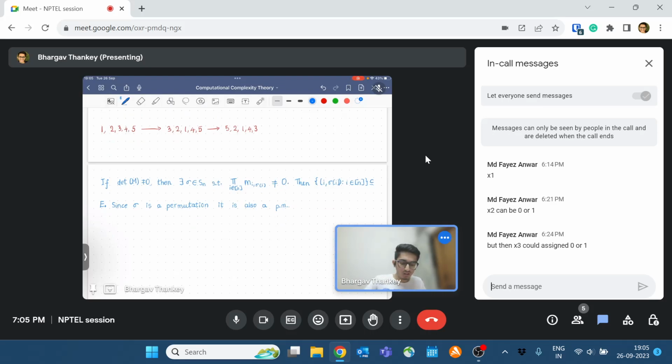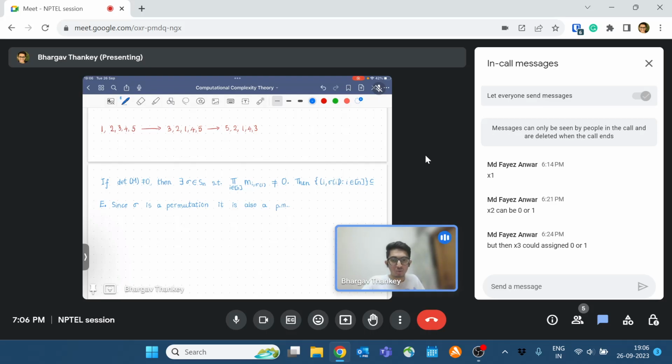If for every element 1 to n on the left-hand side, you had a unique element 1 to n on the right-hand side. That is true because sigma is a permutation. First of all, its range is 1 to n, and it maps 1 to n, so it's a one-to-one map.